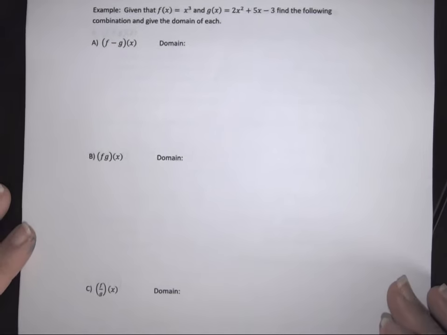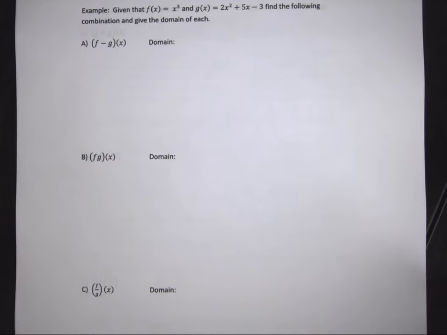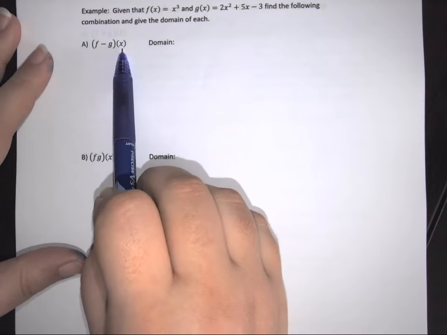The first example says, given that f of x equals x cubed and g of x equals 2x squared plus 5x minus 3, find the following combinations and give the domain for each. The first thing we have is f minus g of x.